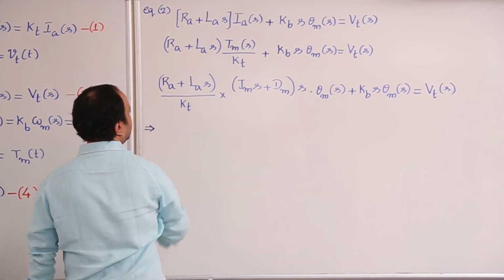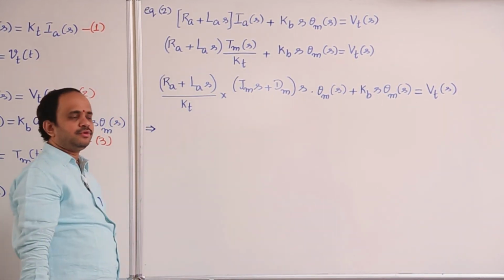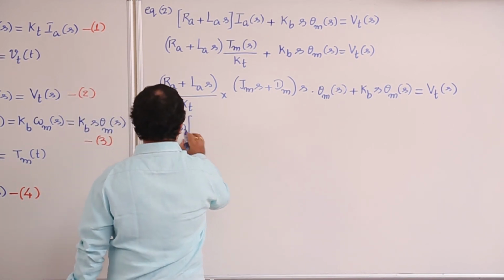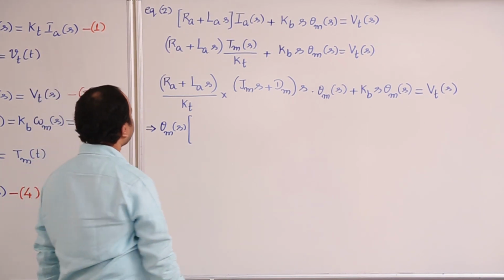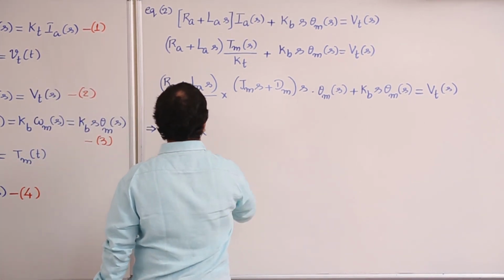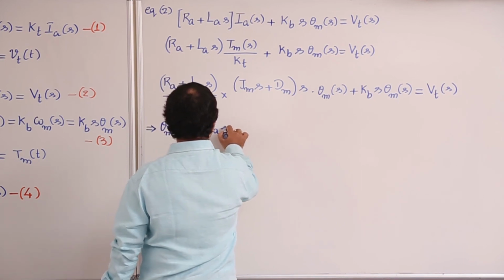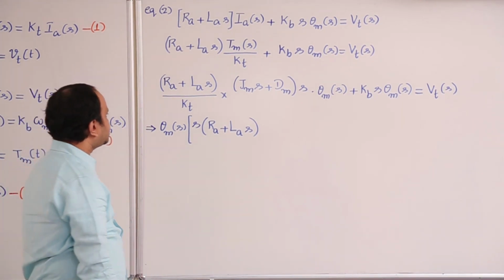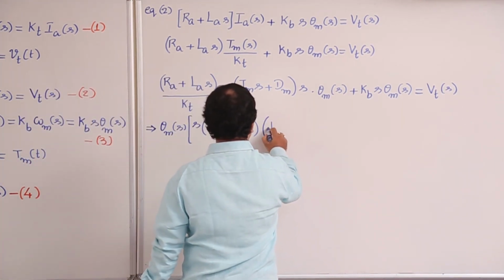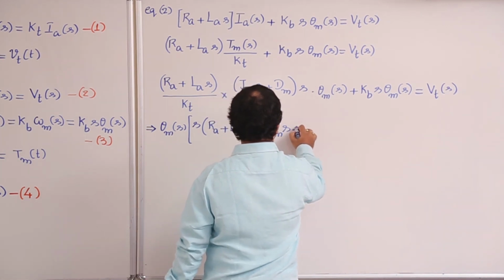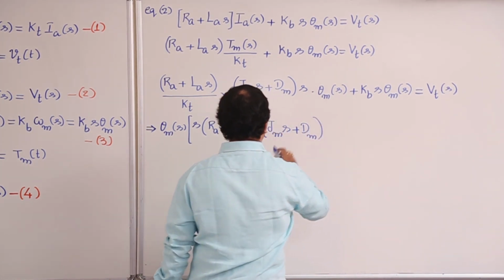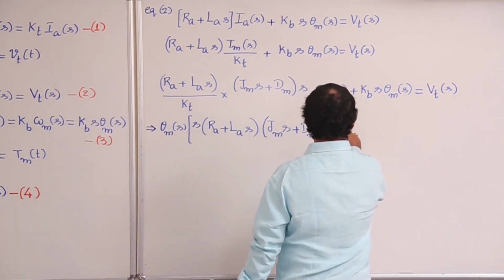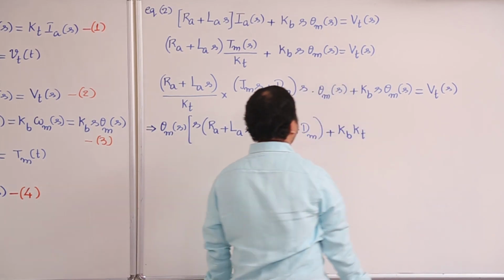Now just one more step. From this, if I take theta m of S outside, what we can write? S into Ra plus La into S multiplied with Jm into S plus Dm, plus Kb Kt.